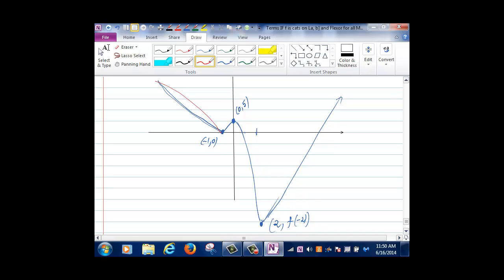And for that, what I need is the second derivative. So what we have found is that the first derivative tells us where the function is increasing and decreasing. Okay? The second derivative, where the second derivative is positive and negative, it's going to tell us where the function is concave up and down. Okay? So that's what we are going to look next.